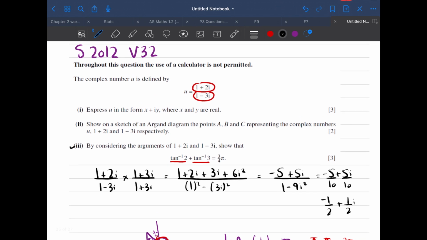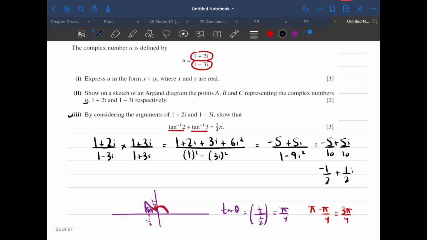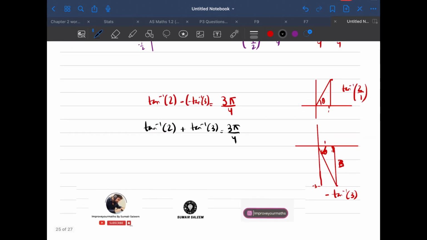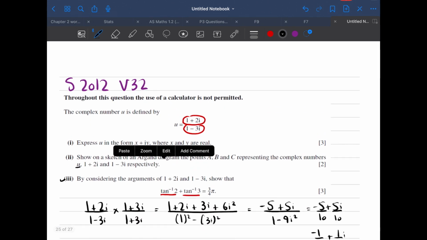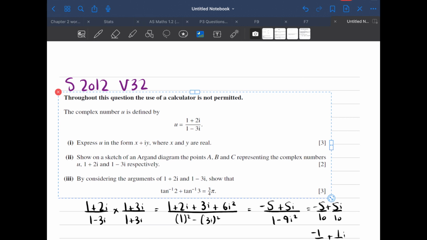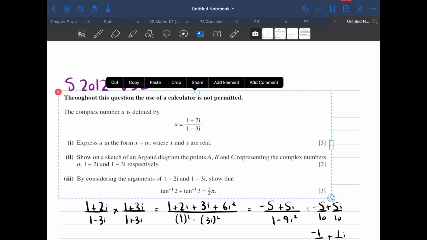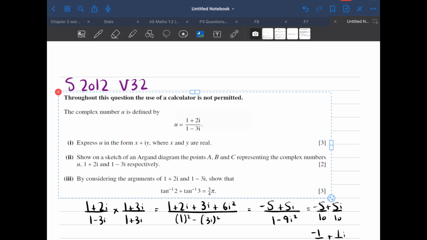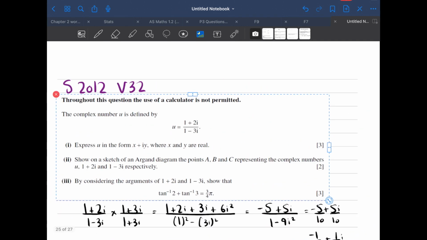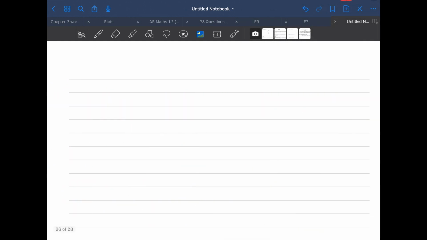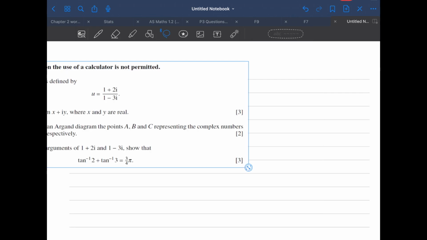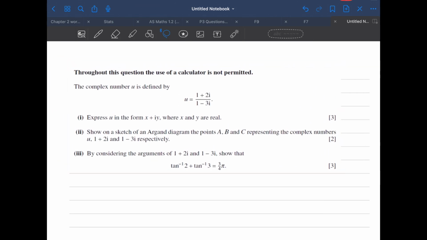Let's do this one also. Argand diagram को sketch करना. So first one is minus half plus half iota. Let's do it on the other page. So guys, let's start this.